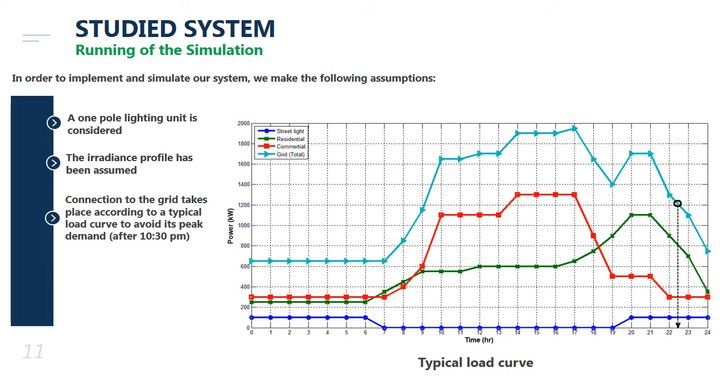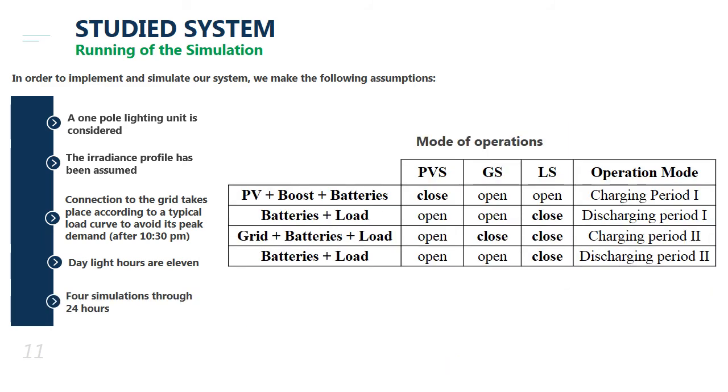Nowadays, this peak of demand may be shifted 2 or 3 hours because the COVID-19 pandemic forces people to stay at home. In addition, we assume that the daylight hours are 11 hours. Finally, we run the simulation through 24 hours with the sequence shown in this table.